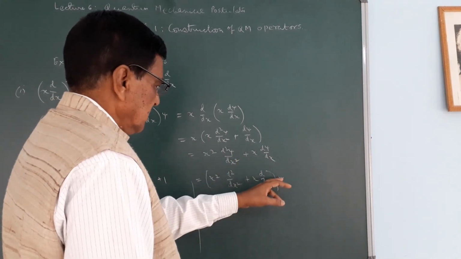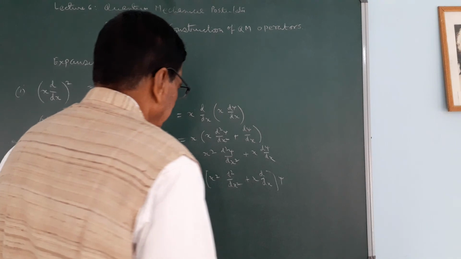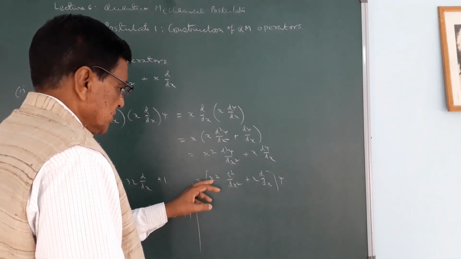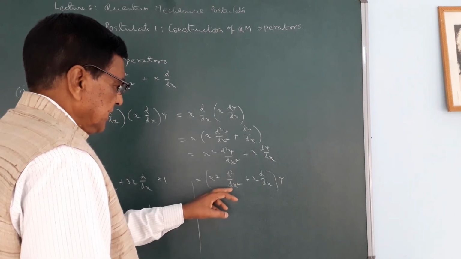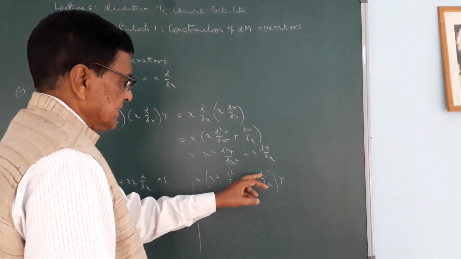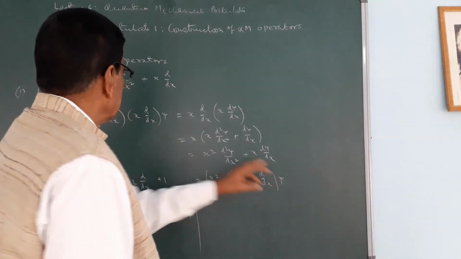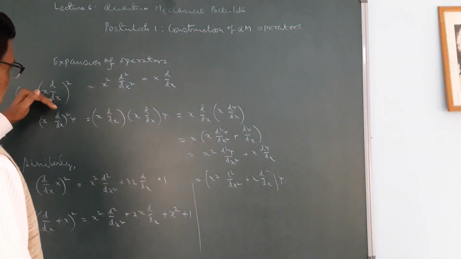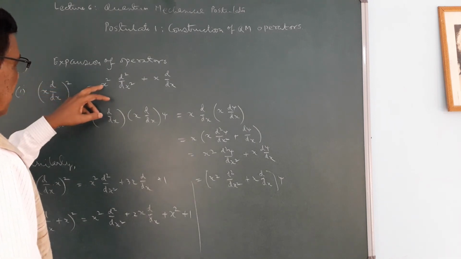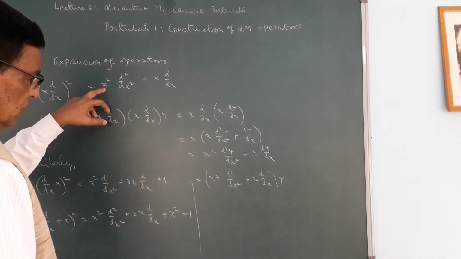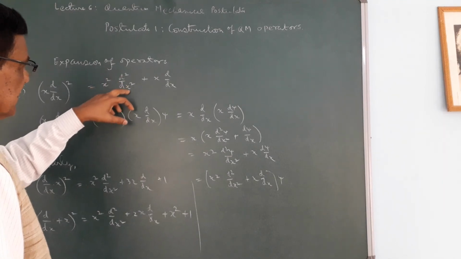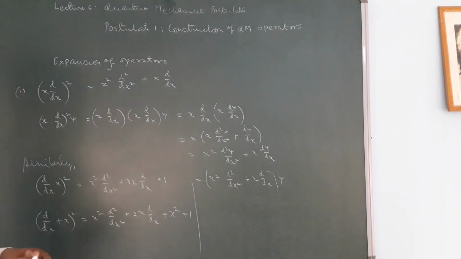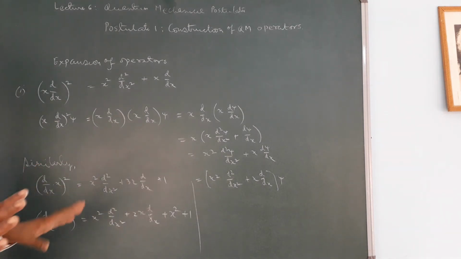If we take psi common, then the operator is expanded as x square d2 by dx square plus x d by dx. In a similar fashion, I can also expand several operators.